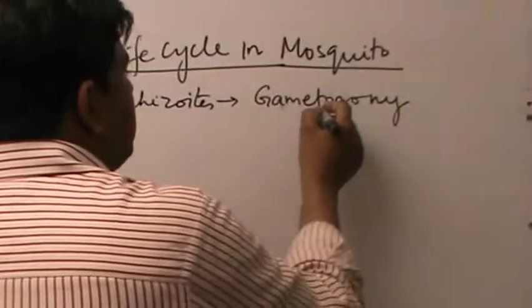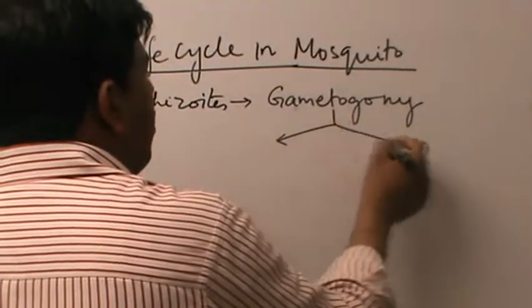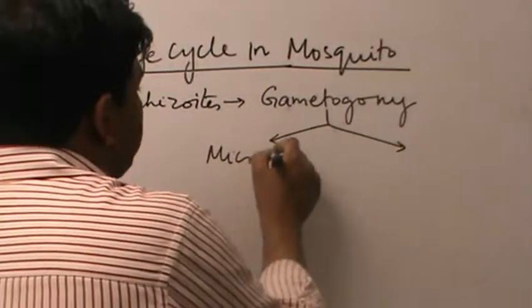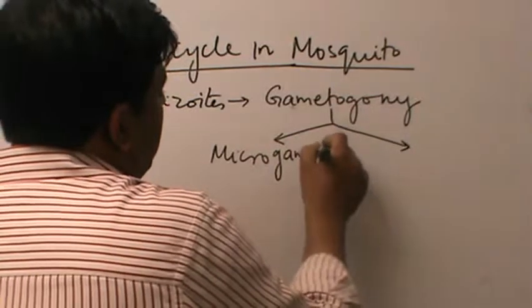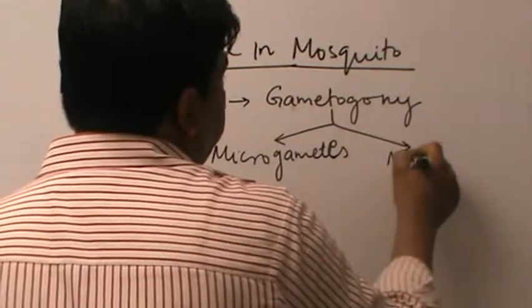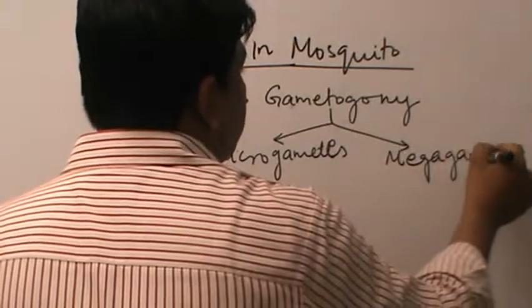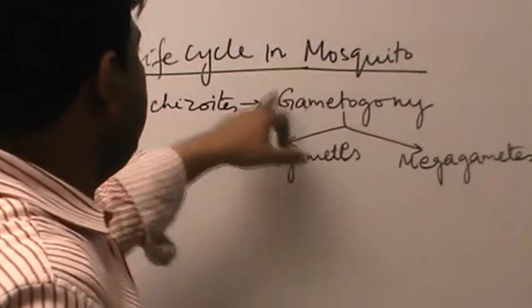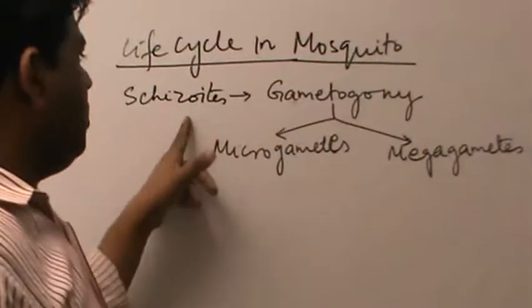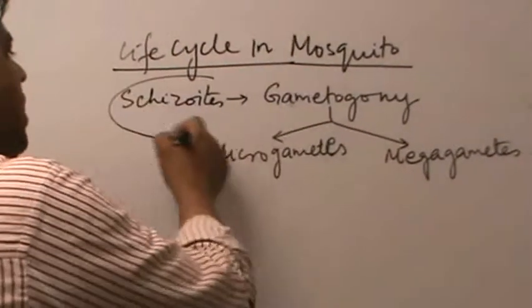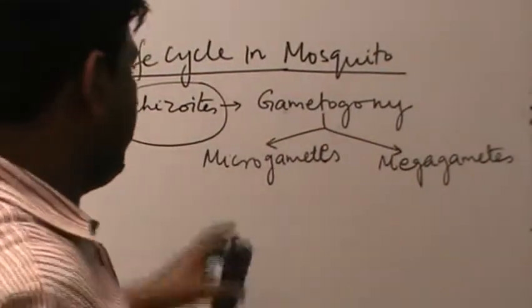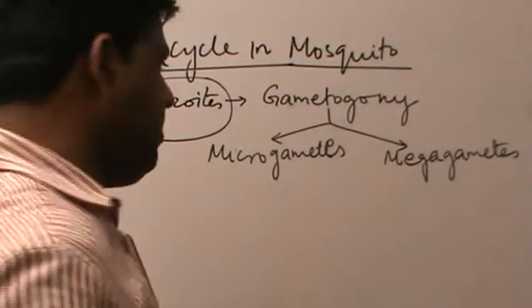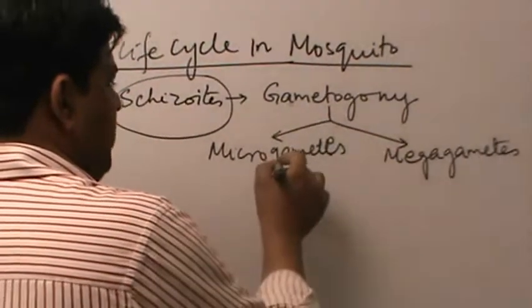That means this will form two types of gametes, that is microgametes and megagametes. These will undergo gametogony in the mosquito. Then they will form microgametes and megagametes, that is male gamete as well as female gamete.